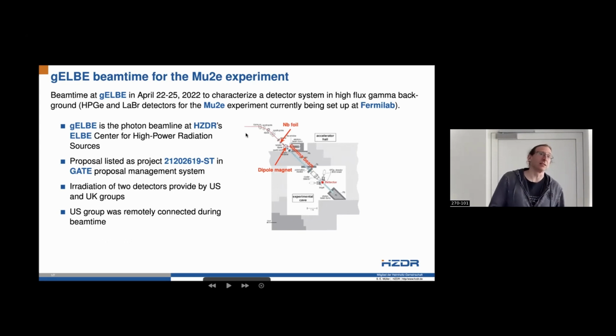So this is a user facility, this GLB beamline. A proposal was handed in with these numbers through the GATE proposal management system at HZDR, and then a panel, the scientific advisory committee, decided about the beam time and granted it.